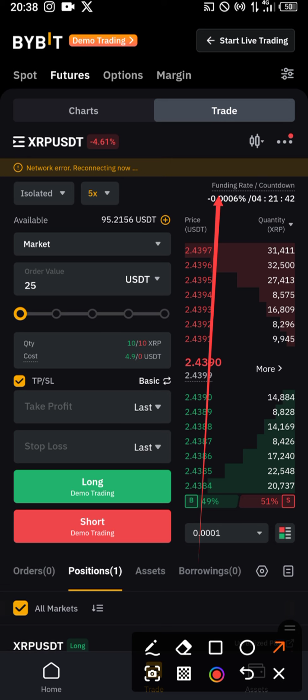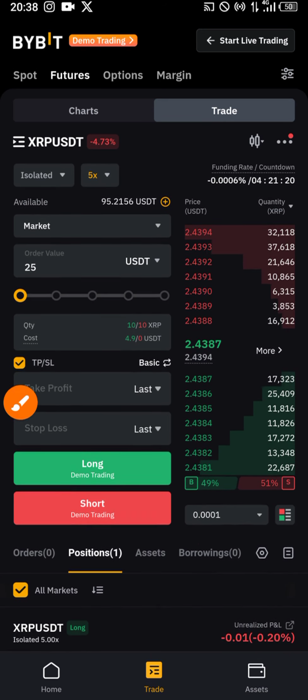That's the amount you are paying to the traders that are shorting. I don't know if you understand what I'm saying. So always check the funding rate before opening a big trade, because it can add up over time. You understand now? So that is for funding rate.